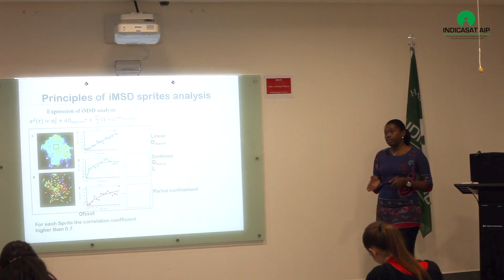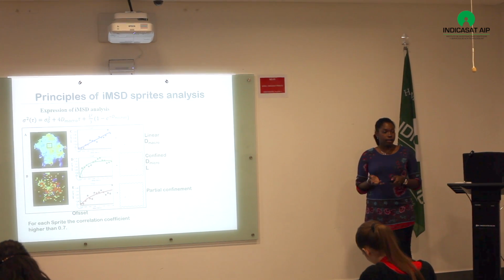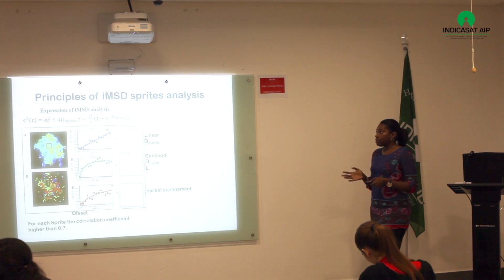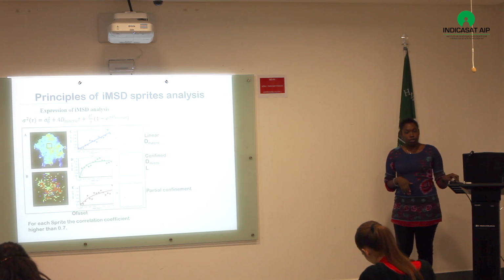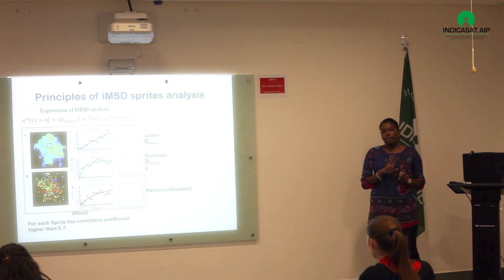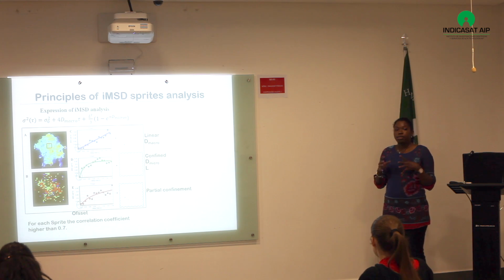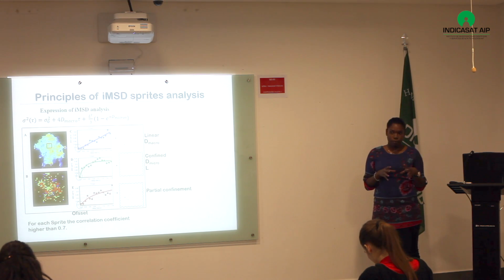The particles in the cells can move randomly, can be confined, or can be transiently confined. Once the IMSD curve cannot extend anymore, it bends, and it gives us the parameter of the confinement in which the particles are moving.